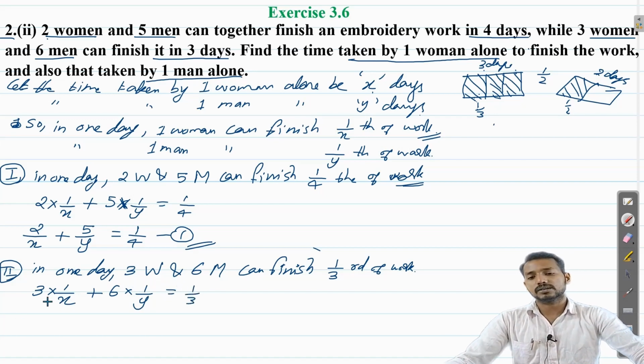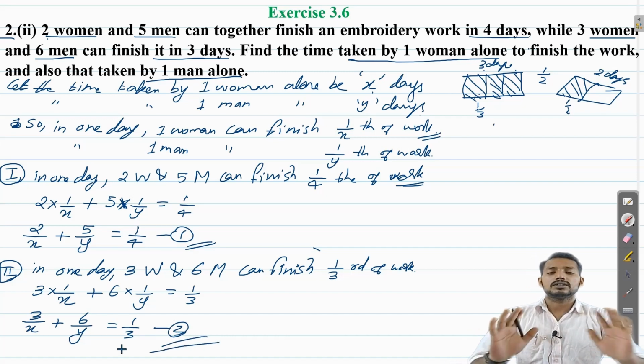So 3 divided by x plus 6 by y is equal to 1 by 3. Equation number 2. This is a very important question.